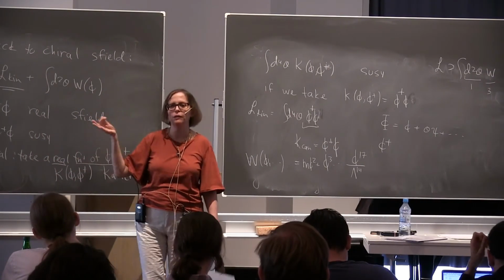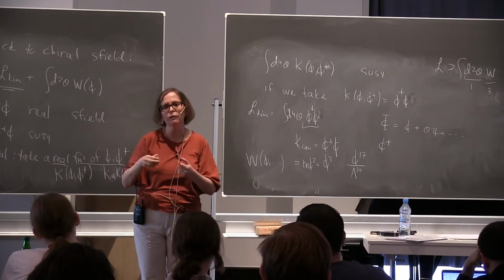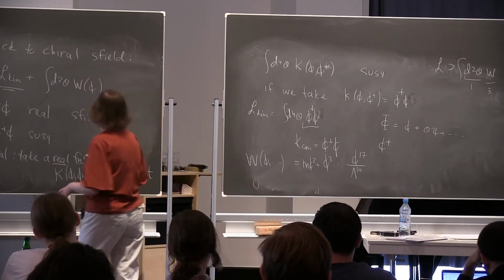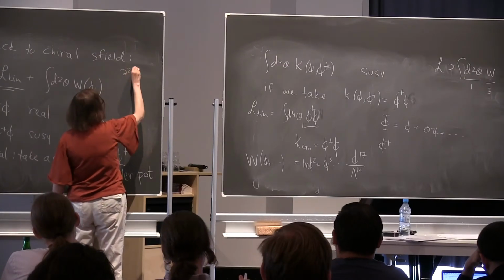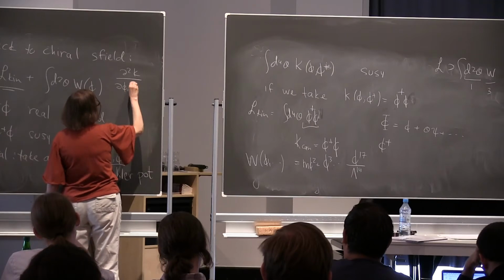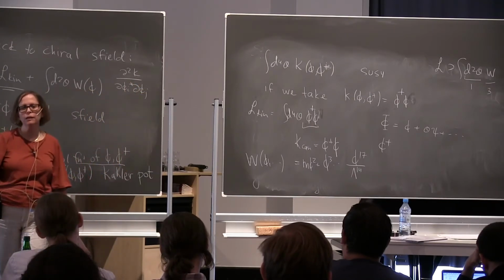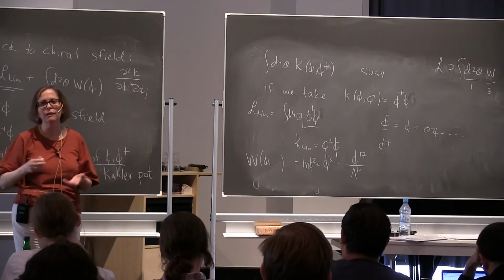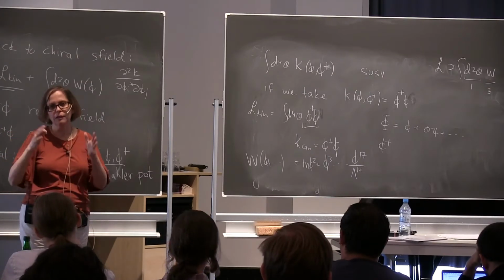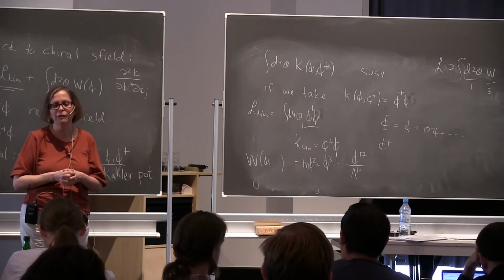It basically has to be associated with some Kähler manifold. There has to be a metric that I can construct out of this. The metric is going to be given by the second derivative of K. This needs to be invertible and so on and so forth. It needs to describe a good metric of some sort of manifold.